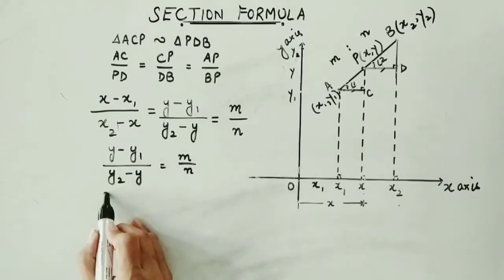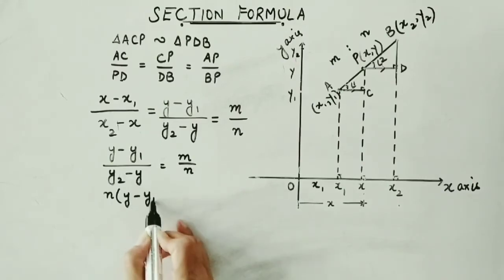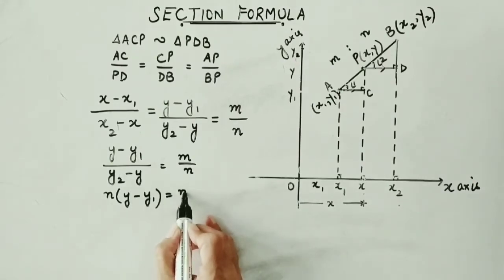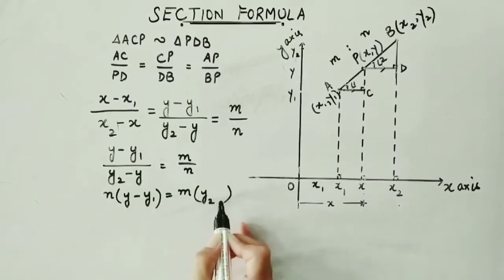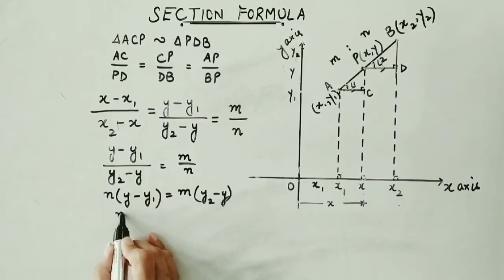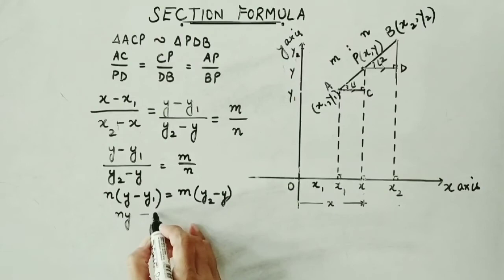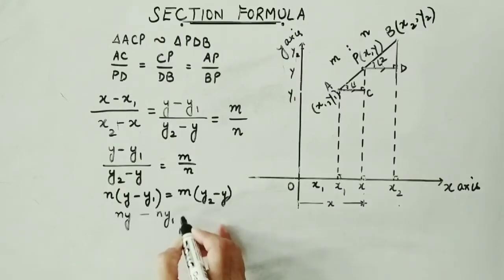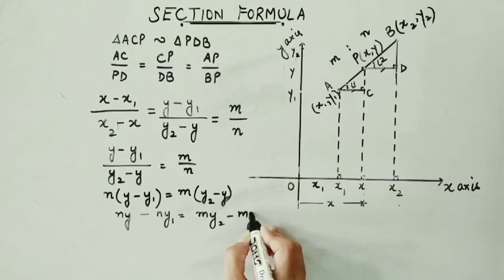Cross multiply, it becomes n into y minus y1 equals m multiplied by y2 minus y. Now n into y is ny, n into y1 minus ny1 equals my2 minus my.